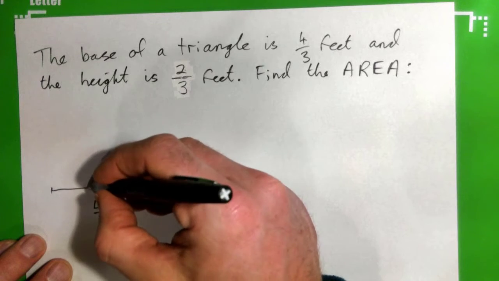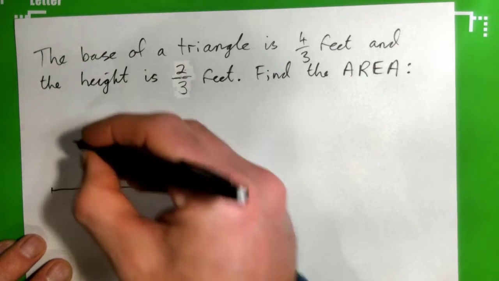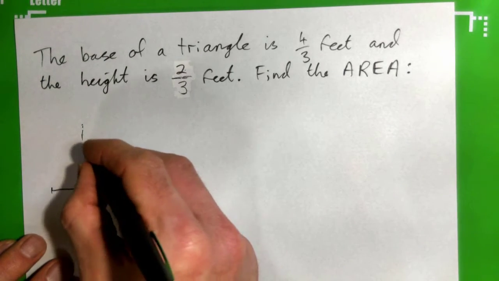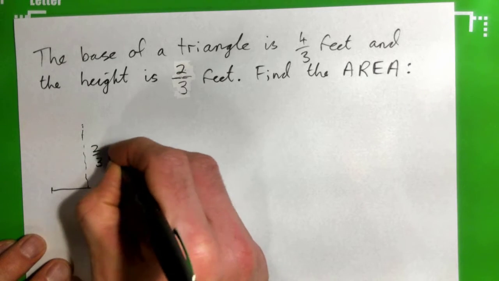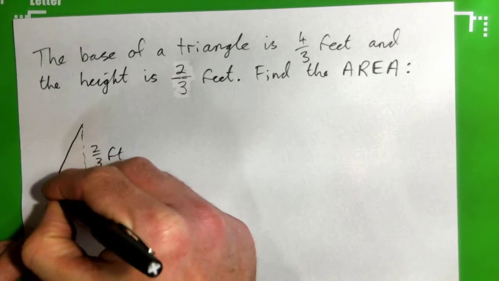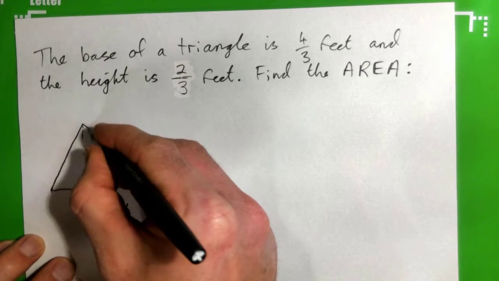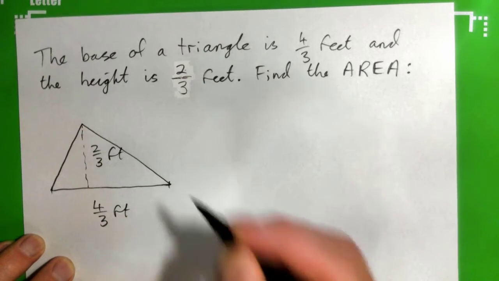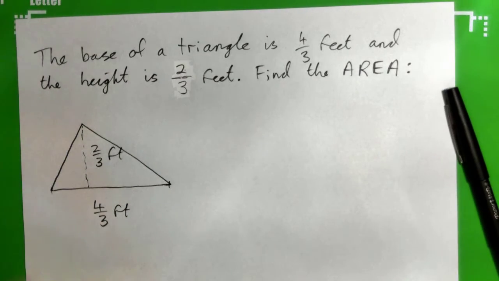So it's looking something like this. And then we have our triangle, the base and a height. Now, the trick to understanding the area of a triangle is knowing how to get the area of a rectangle.